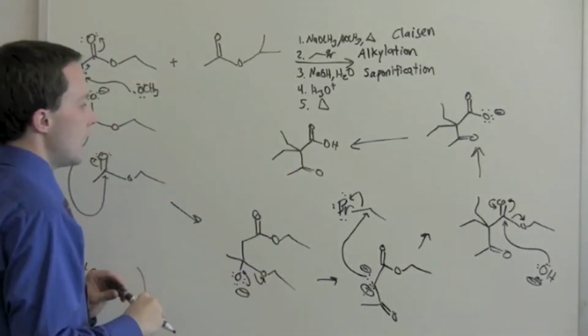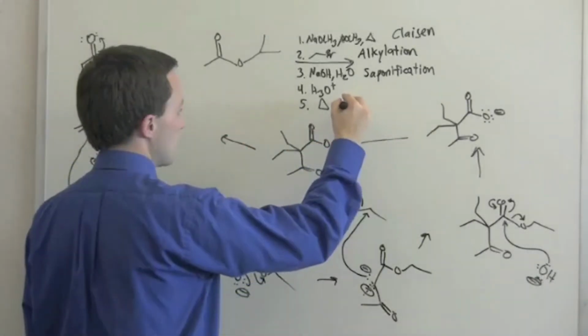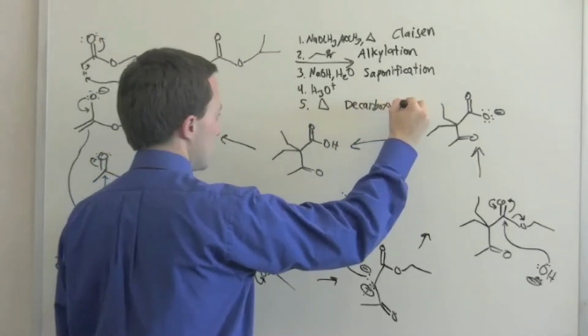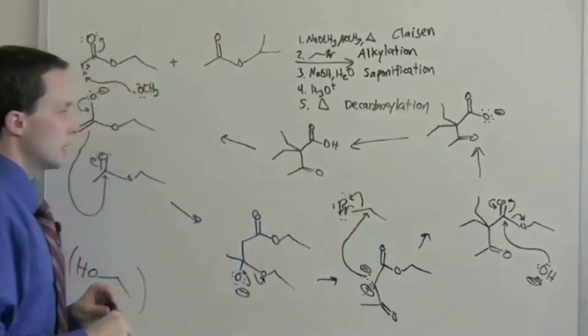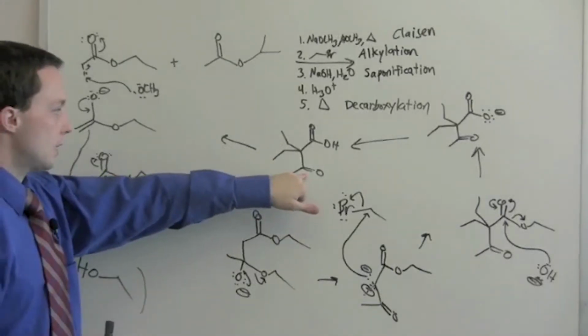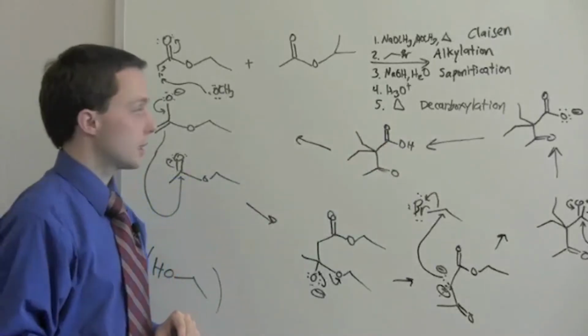The last step is a tricky step, and it's cool, because this is called decarboxylation. Decarboxylation is adding heat to this molecule. When we have a beta ketone next to a carboxylic acid, we can eliminate the carboxylic acid.